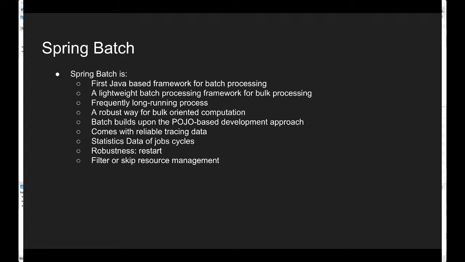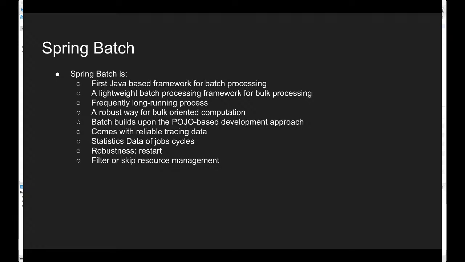After that, one of the best features of Spring Batch is that it gives us all the statistical data of our jobs. Let's say we are dealing with a large amount of data and there are multiple iterations of our process. Then it stores all the metadata of that process in a database which we can configure according to our needs.